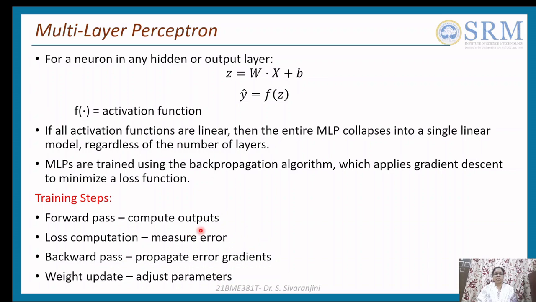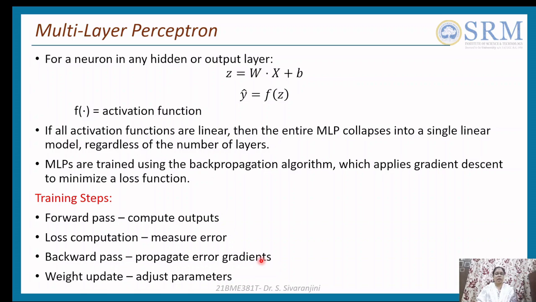After computing the output, you find the loss and measure the error, then you do a backward pass to propagate the error gradients, and then a weight update to adjust the parameters according to the error obtained. So this is what an MLP is.